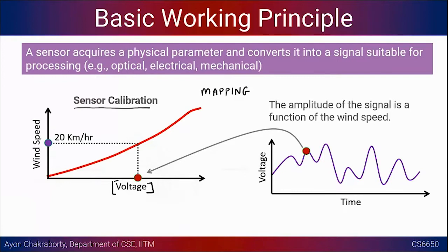In those cases you probably have to recalibrate the system. This is one of the most important steps: once you get the quantitative data that you want to measure, then comes the role of sensor calibration, and from that you can extract the data that you are looking for. So this is the basic working principle.